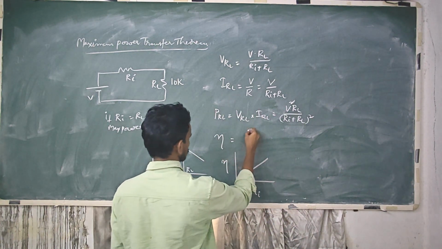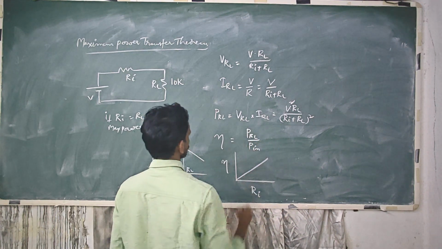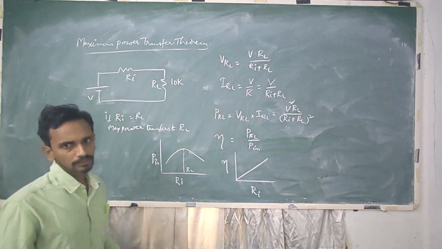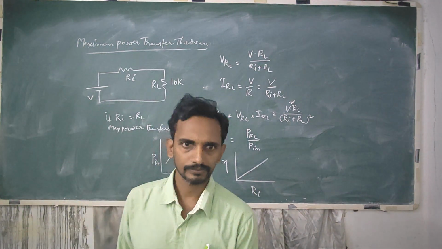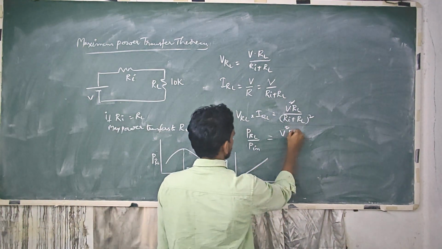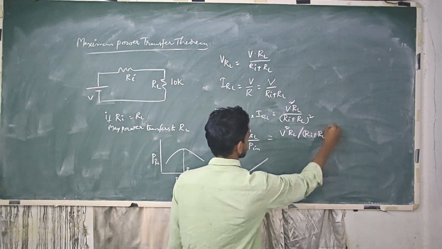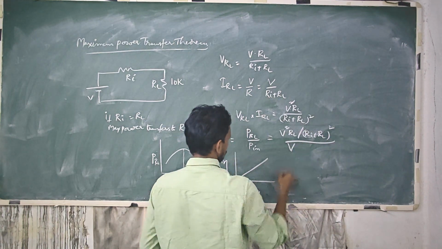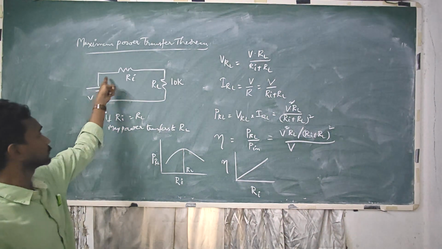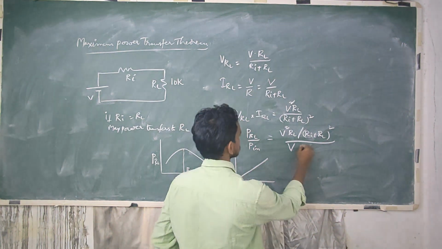Output power by input power. So it is PRL by P in. So what is P in? Input power is what? Voltage multiplied by current. So PRL is V square RL by Ri plus RL whole square by P in, which is voltage multiplied by current. Current produced by this battery is what? This is current.